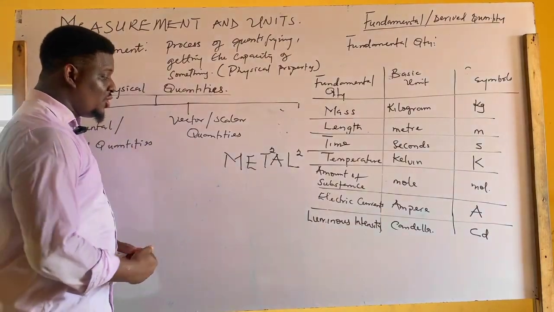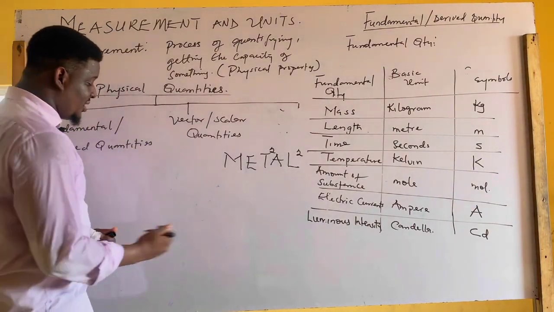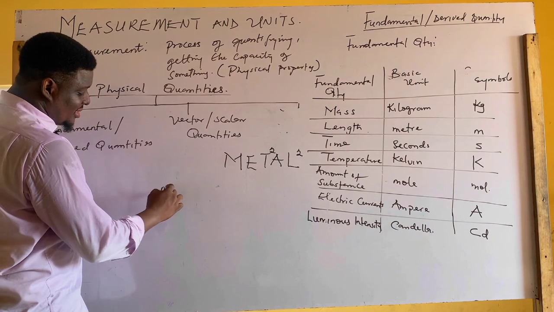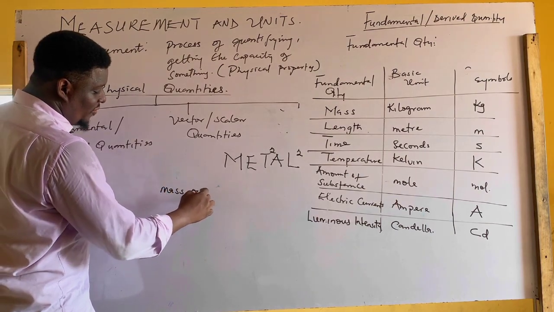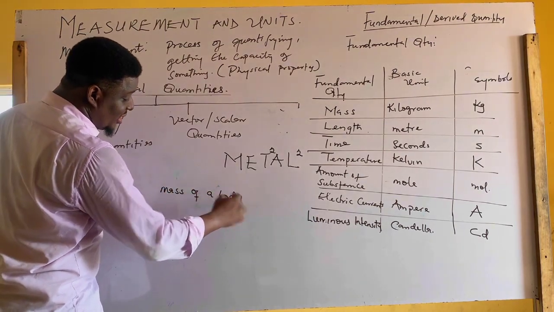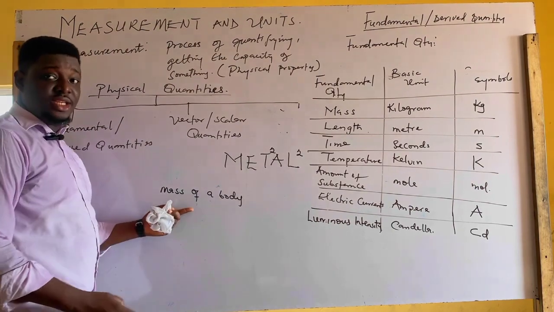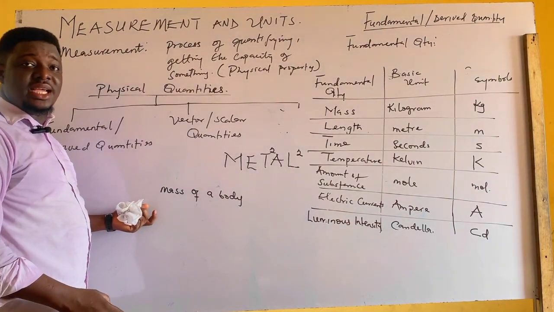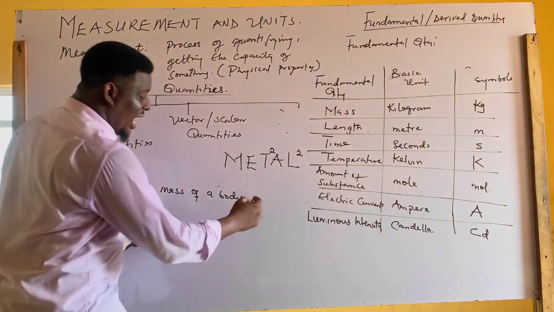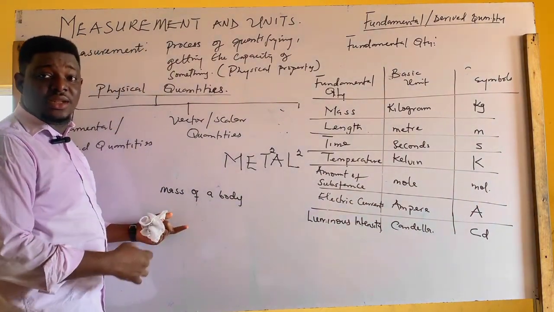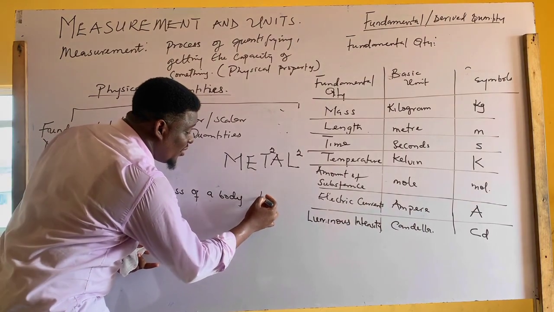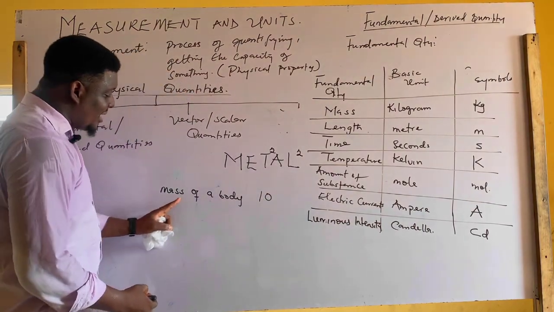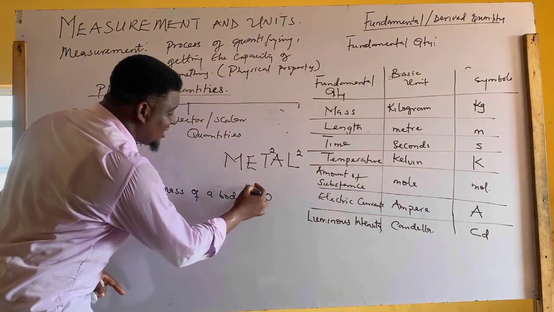Now, I want you all to know this. If you have the mass of a body, as an English student, you will understand that I'm talking about the mass. But as a physics and mathematics student, how can I identify that I'm talking about the mass? The mass of a body is 10.